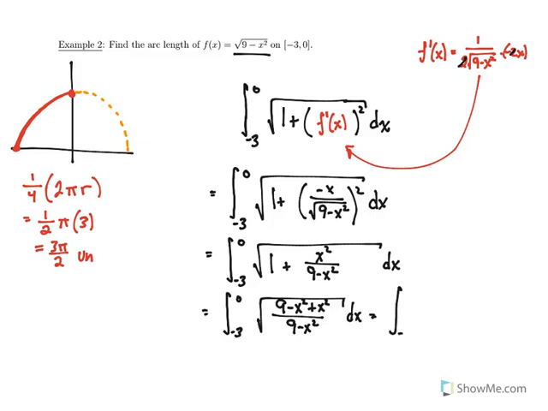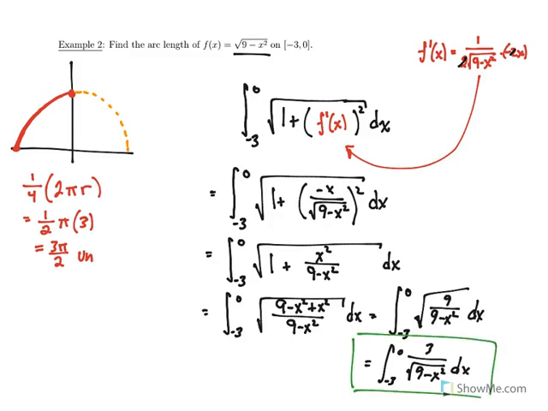And our last step, we're going to be able to do, write this as square root of 9 over 9 minus x squared, or I guess we could write that as 3 over square root of 9 minus x squared. That's all we're going to be able to do for this problem, is just set up an integral.